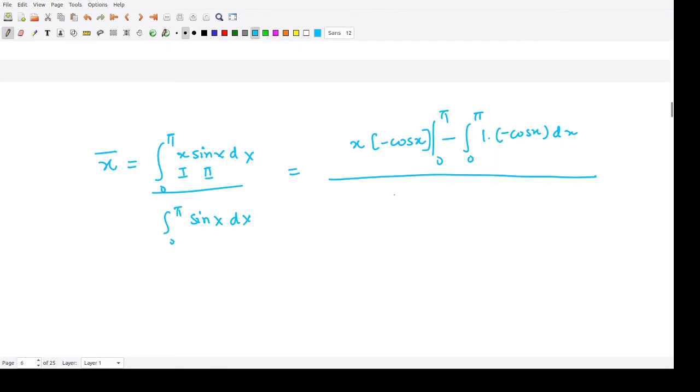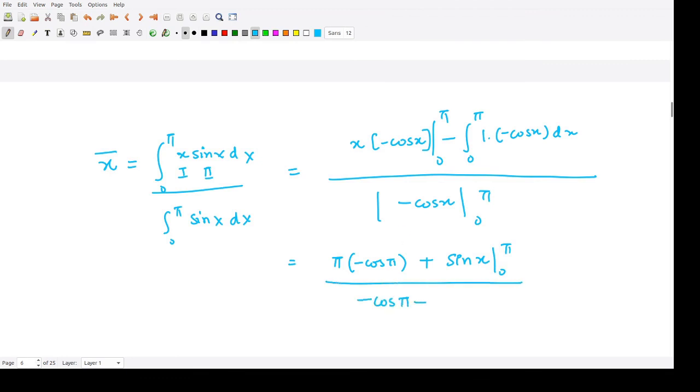In the denominator, its integration would be minus cos x, limits varying from 0 to pi. So you can solve this one, right? It would be pi into minus cos pi and then 0, and then plus integration of cos x, which is sin x, with limits from 0 to pi, and in the denominator minus cos pi plus cos of 0.